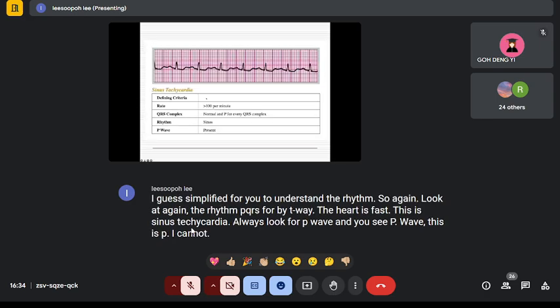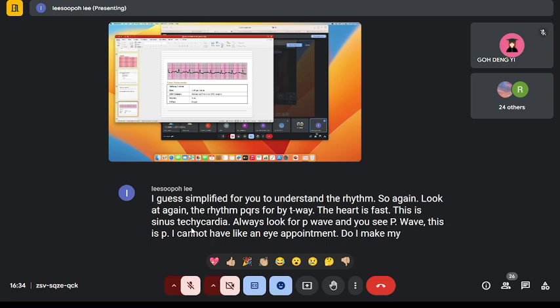I cannot have pointer. How do I make my pointer out? Slideshow tools. Pointer.